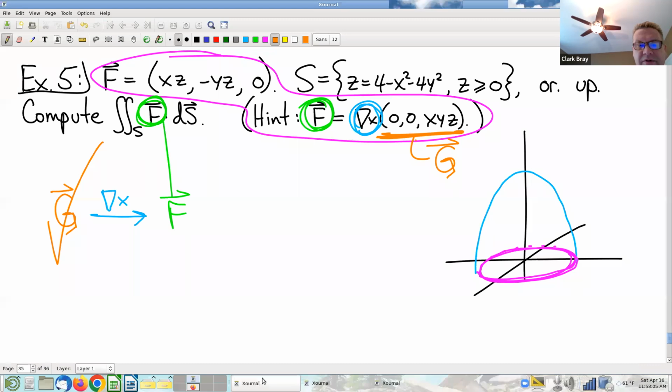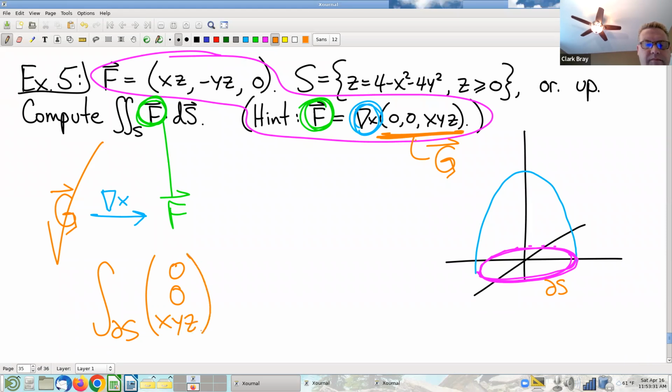So, back to here, we're going to be looking at a line integral around this boundary curve, boundary of S, of our anti-curl G dot dx. Okay, now we have this integral to think about. How do we go about computing this integral? So is this going to be easier?